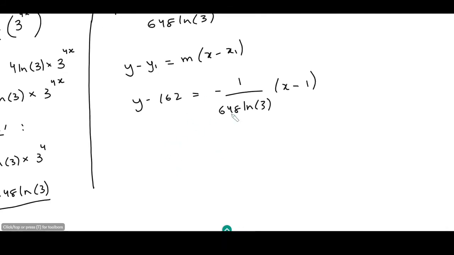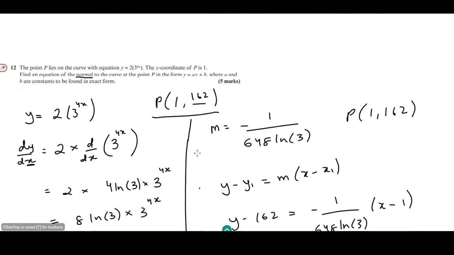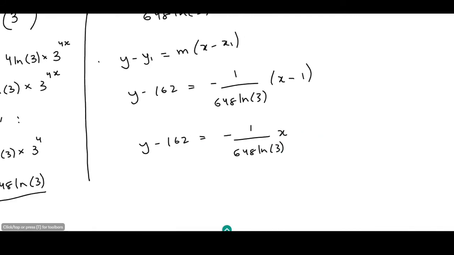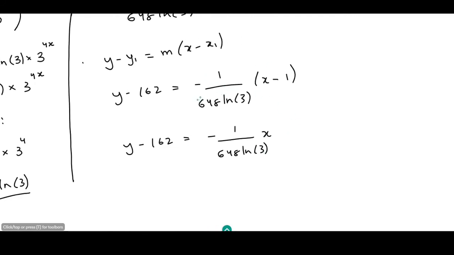Okay, and now we just need to rearrange this a little bit. I'm pretty sure you could probably leave it in this form. Actually, no, you couldn't, because they've specified what form they want it in: ax plus b. So y minus 162 equals, let's expand the right hand side, so we have minus 1 over 648 ln 3 x, and minus 1 over 648 ln 3 times minus 1, so we get plus 1 over 648 ln 3.